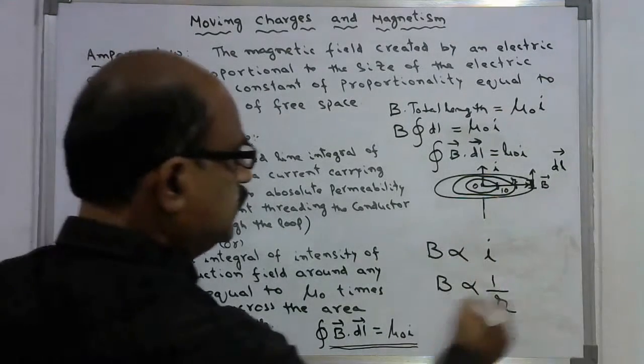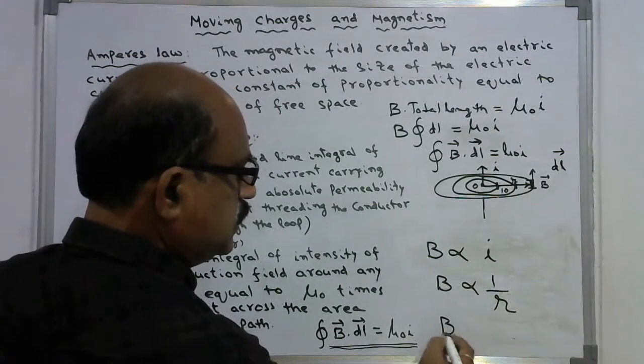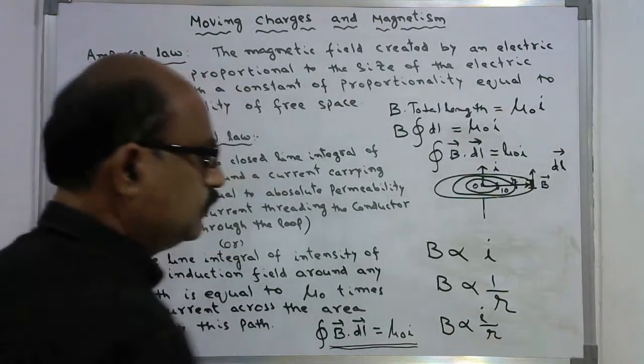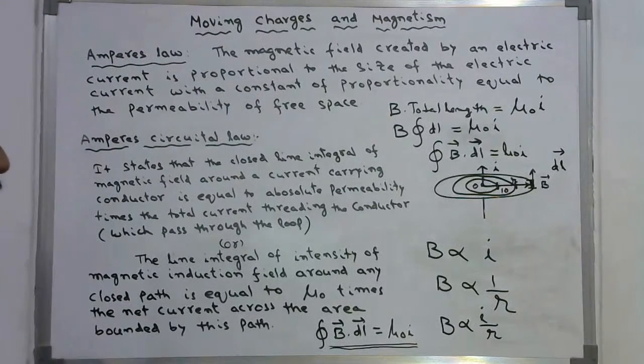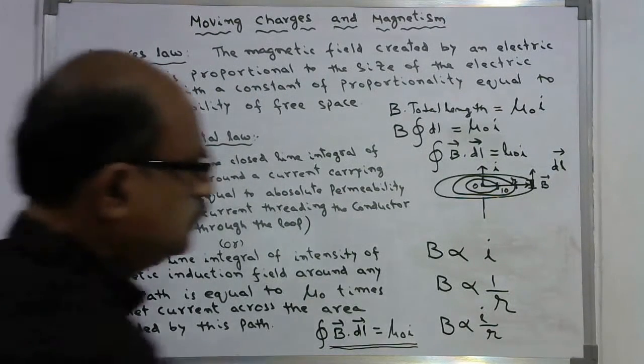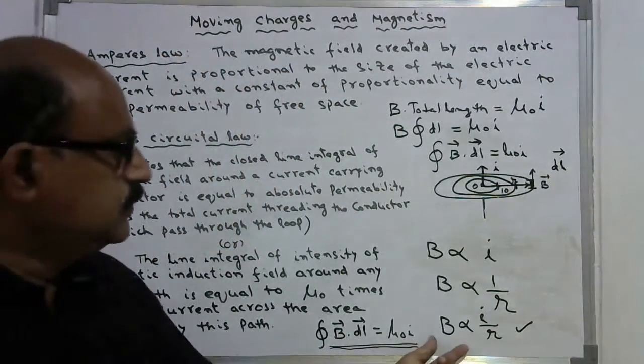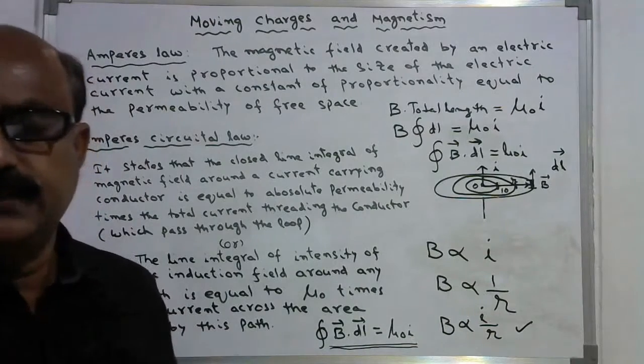Therefore, if you combine these two, B is proportional to I by R. So this is how we can arrive at the relation between the magnetic field and the current.